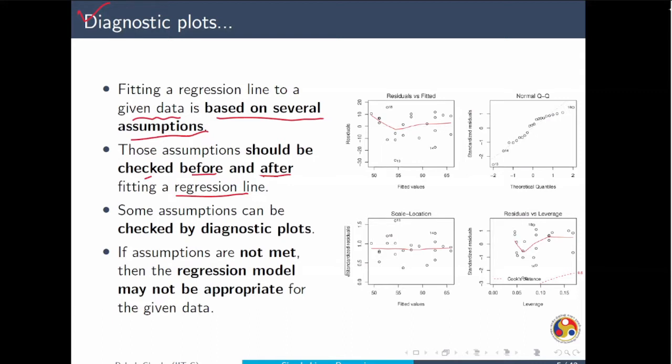Suppose you are working at ISRO and they are launching a rocket, and your job is to fit a regression line to some part, analyzing the effect of particular parts. Now, if your model is wrong there, the entire rocket launch can be affected, and millions of dollars will be wasted there.